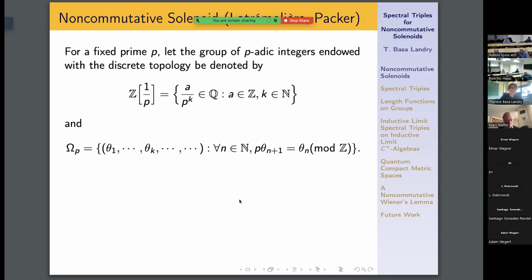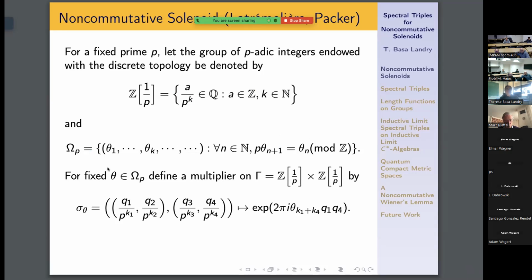And so to define a multiplier on this group, we have countable sequences of values from 0 in the unit interval. If I have a fixed p, then each of the adjacent elements in this sequence are subject to this congruence relation.